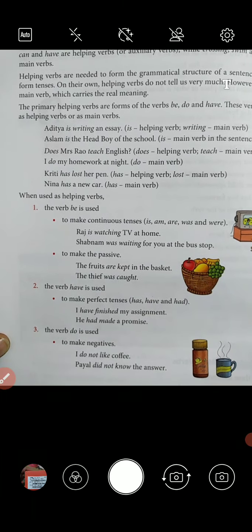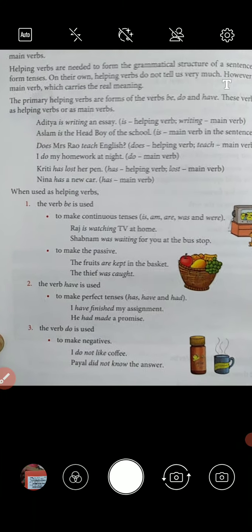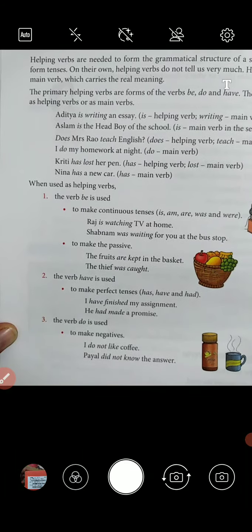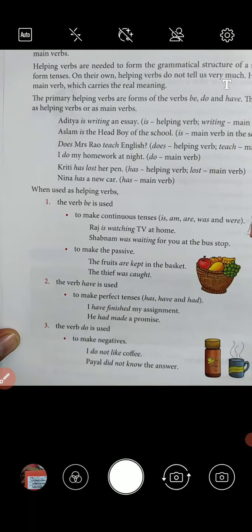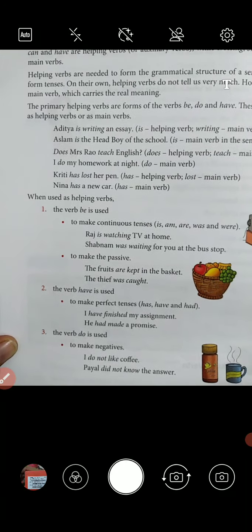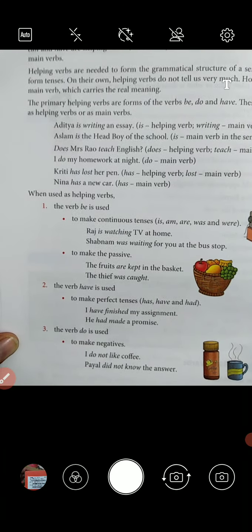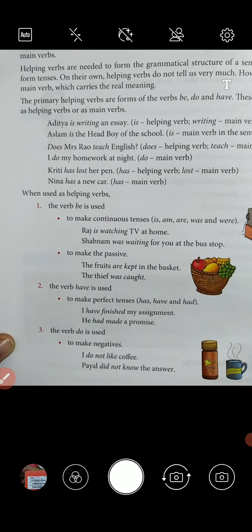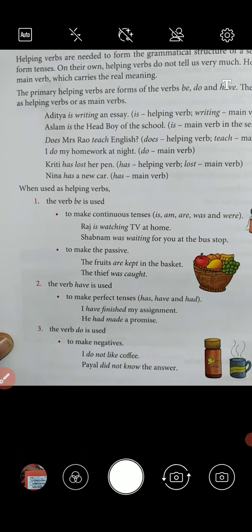Next sentence, the thief was caught. So here in this sentence, who caught the thief? Maybe the police, maybe the people, but he was caught by the police. So in the passive form, we have the verb was caught.